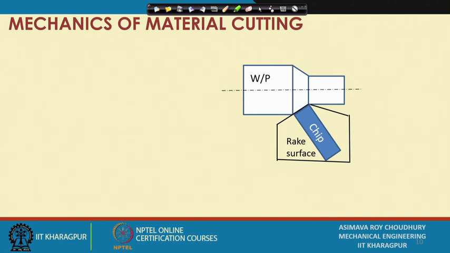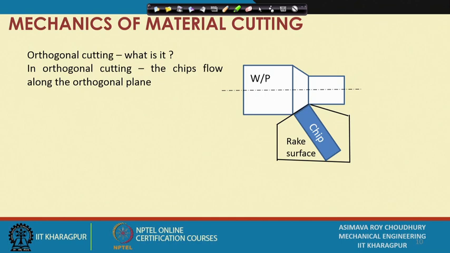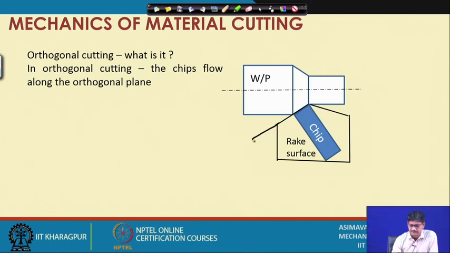Here, first of all, we see a chip coming out of the cutting zone in a particular direction, and you will notice that roughly I have indicated that the chip is coming out in the orthogonal direction. What is the orthogonal direction? This one is the trace of the cutting plane, or pi c, seen from top.